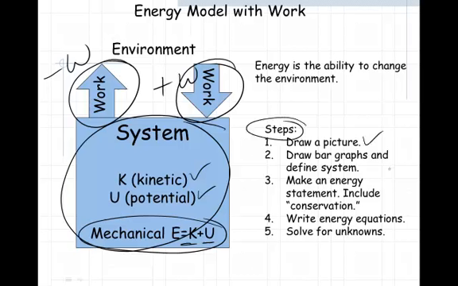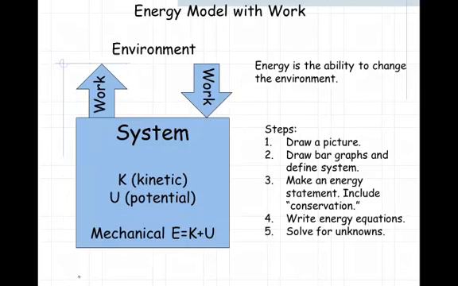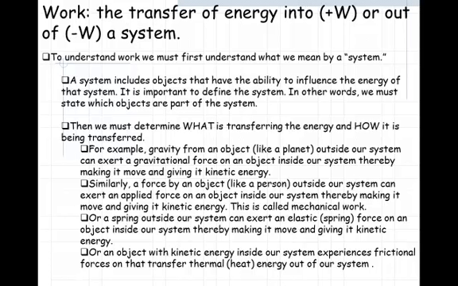Drawing a picture, drawing a bar graph and defining the system, making an energy statement and including conservation, writing the energy equations, and solving for our unknowns. Now, work is a transfer of energy, either into or out of the system.